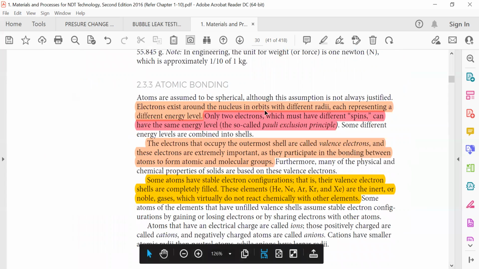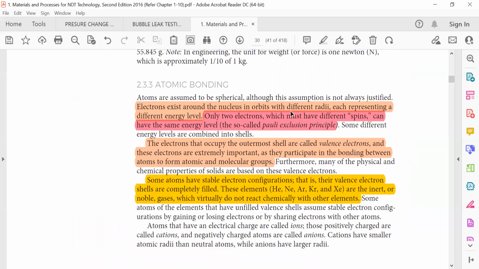Atomic bonding. Electrons exist around the nucleus in orbits with different radii, each representing a different energy level. Only two electrons, which must have different spins, can have the same energy level. Some different energy levels are combined into shells. The electrons that occupy the outermost shell are called valence electrons, and these electrons are extremely important. Some atoms have stable electron configurations: helium, neon, argon, krypton, and xenon. They are inert.